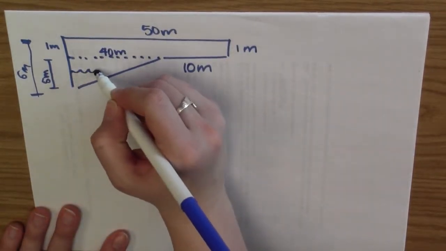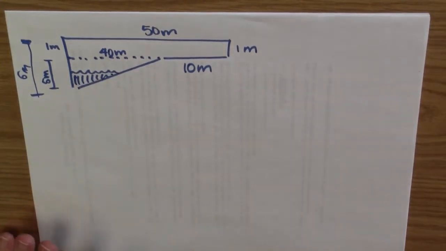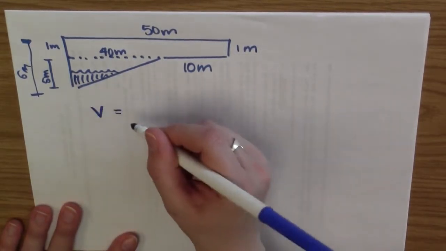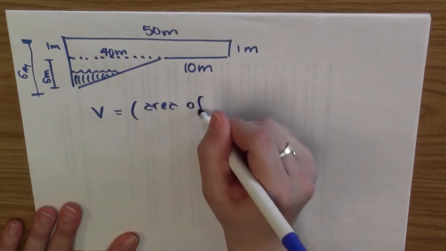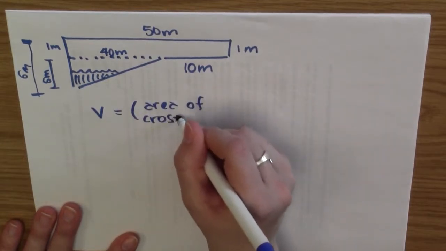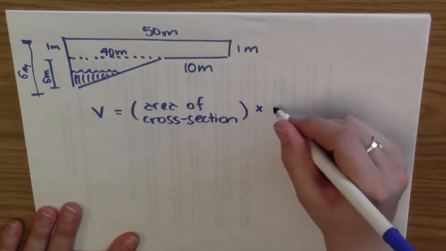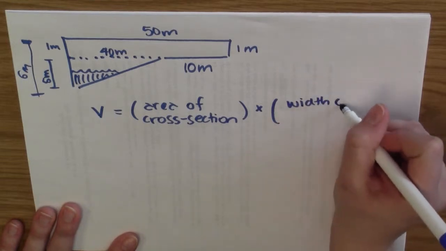So the water is somewhere in here, which means that the volume of the water is equal to the area of the cross-section, which in this case is a triangle, times the width of the pool.